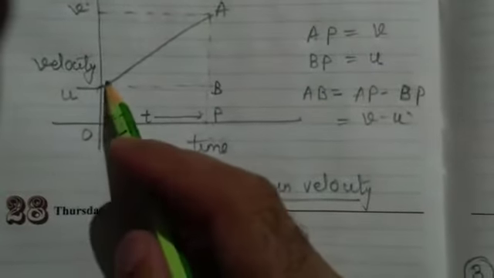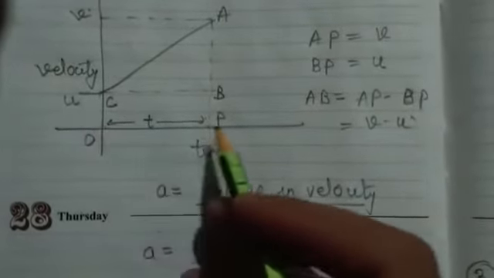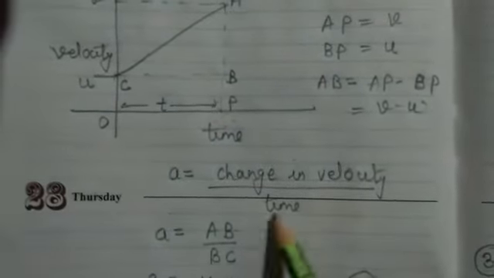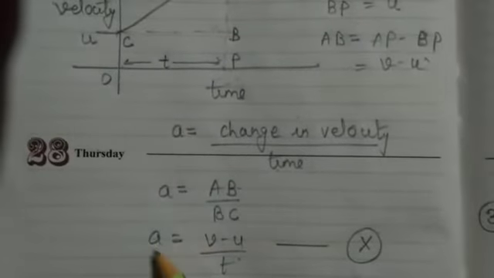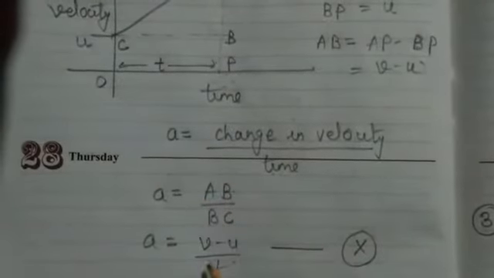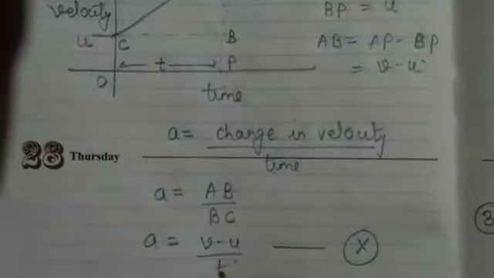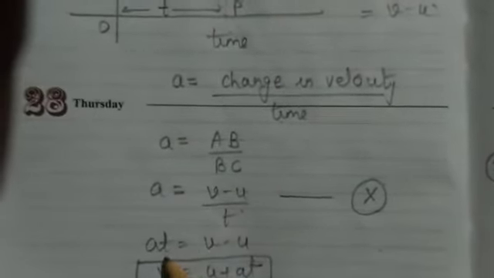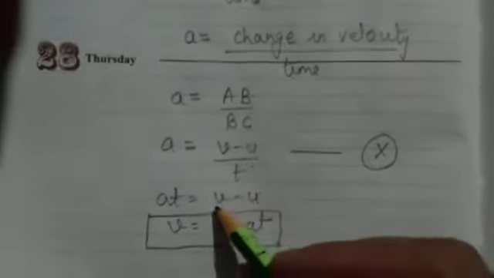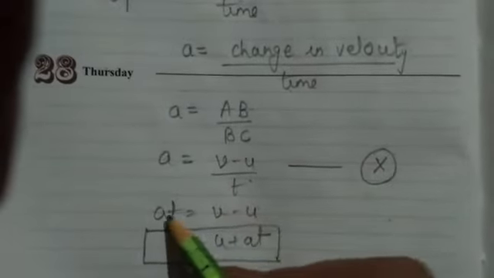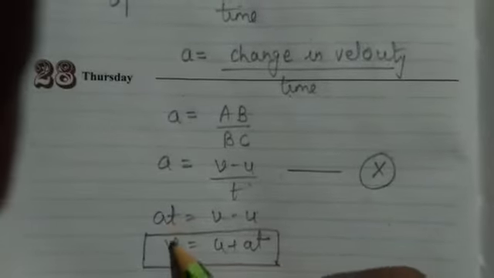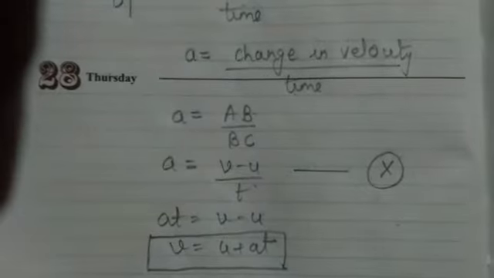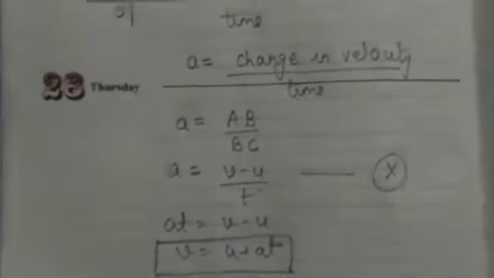And time is from this point to this point. So time is BC. Now we will say A is equal to, we are putting the value of AB, that is V minus U, over BC, the time. If you rearrange it, you will get AT on this side and V minus U on this side. On rearranging, or we can say if we send U on this side, we will get V is equal to U plus AT. So this is the first equation of motion.